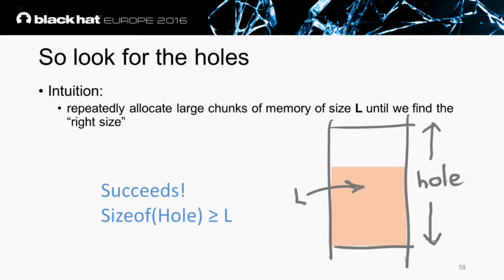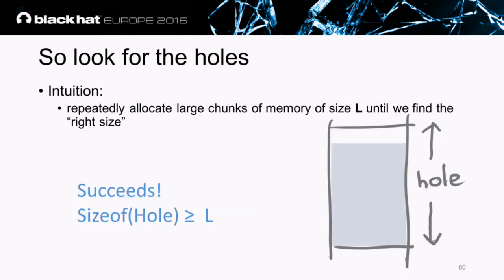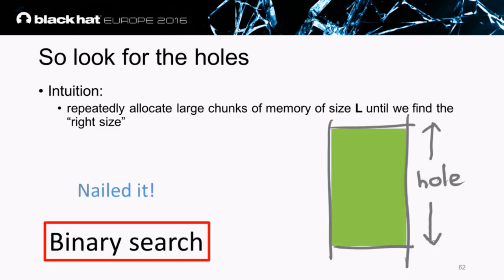We allocate some memory, and if it succeeds, we know the hole is probably larger. We will try again with a much larger size. If it fails, we know this hole is smaller. We repeat this until we find the right size of the hole. This is done with a binary search, so it's quite fast.